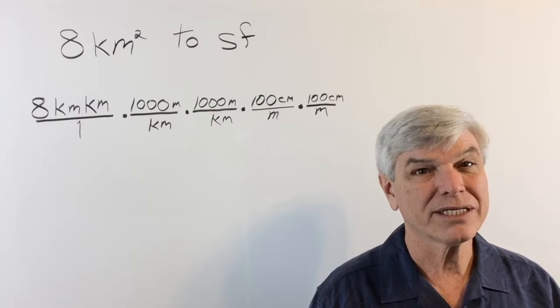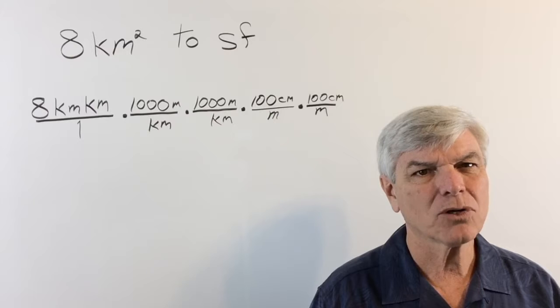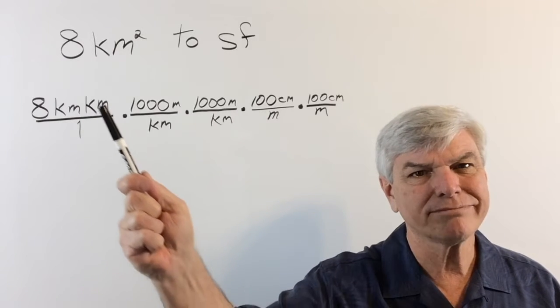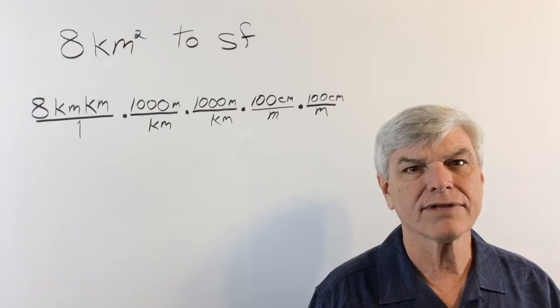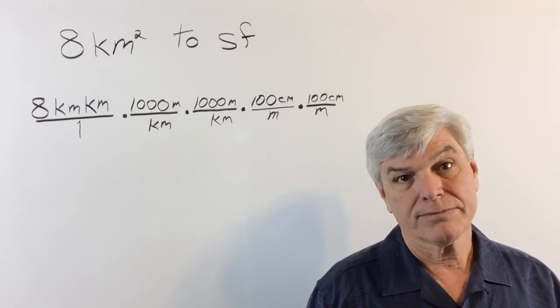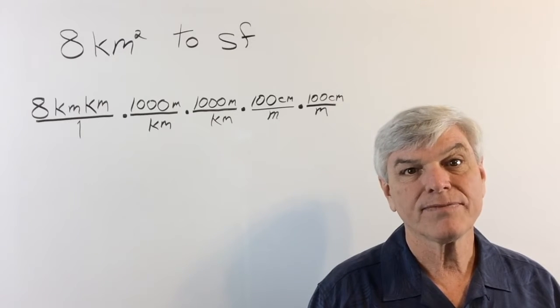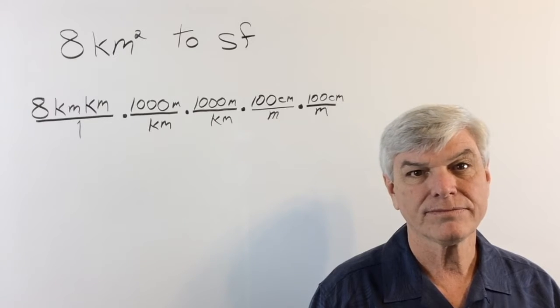The only problem is you have to be real careful how you multiply everything out on the top and how you cross divide, getting rid of the kilometers and centimeters and making all your conversions. But anyways, we are up to square centimeters, and so let's convert from centimeters to inches.